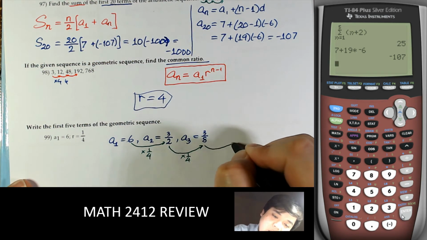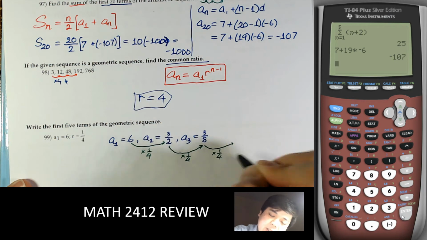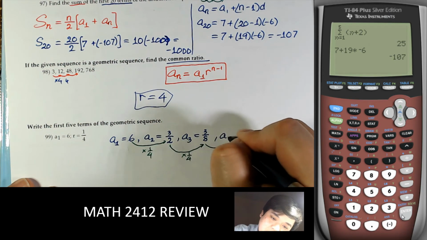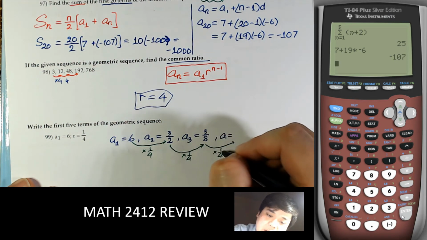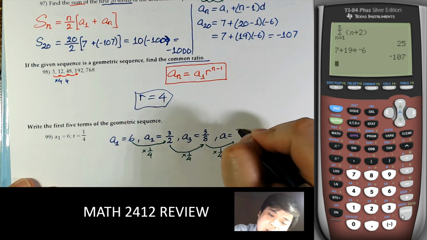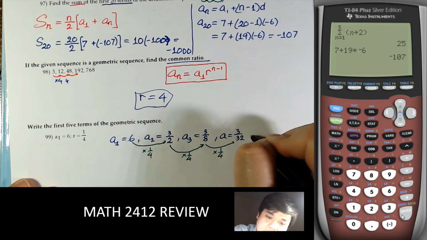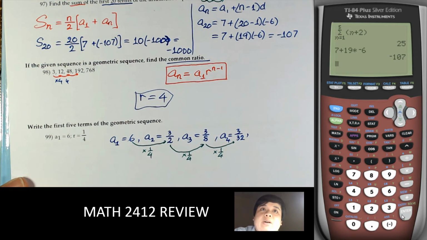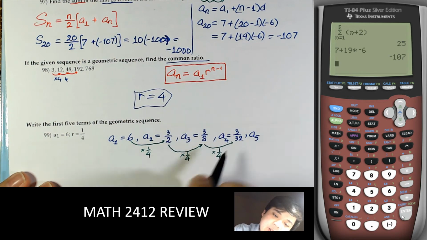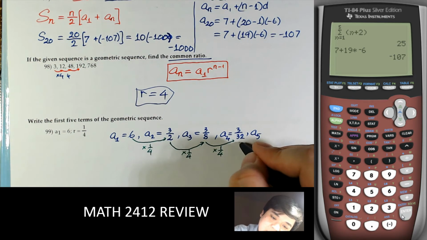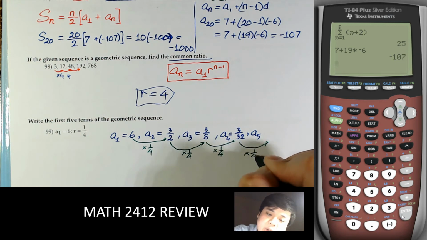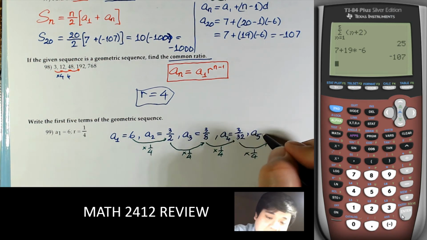Multiply by 1 over 4 again, and that will be 3 over 32. That's a4. And then a5, just multiply by 1/4: 3 over 128.